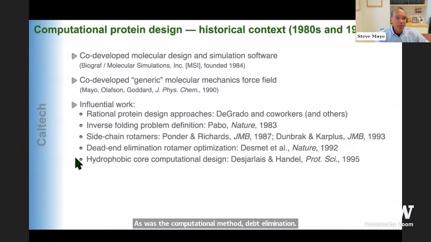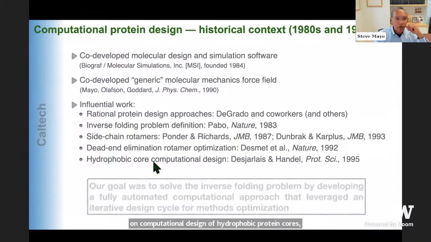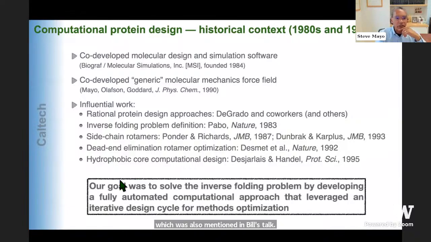And of course, at the time, we were very aware of the work that John Desjarlais and Tracy Handel were doing on computational design of hydrophobic protein cores, which was also mentioned in Bill's talk. So our goal at the time was to solve the inverse folding problem by developing a fully automated computational approach that leveraged an iterative design cycle for methods optimization.